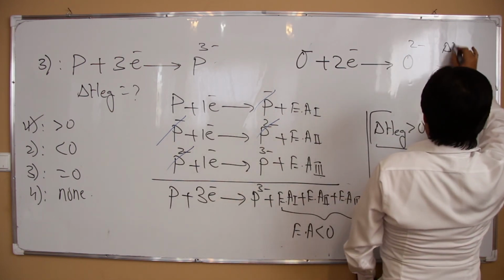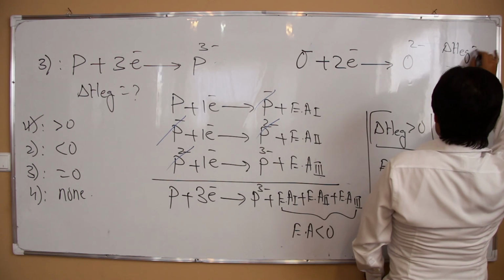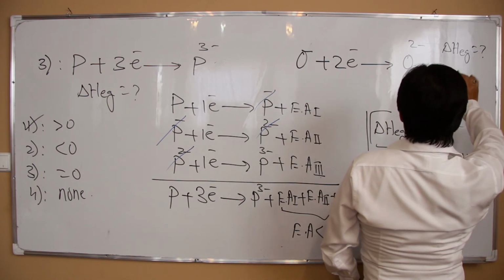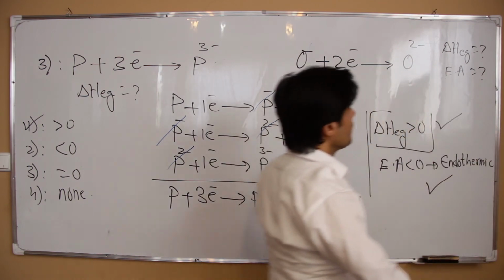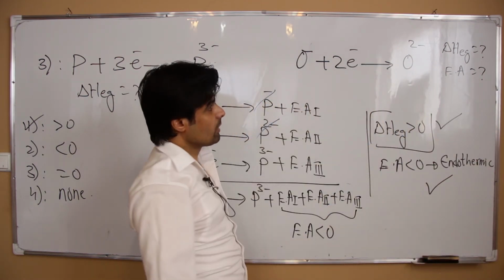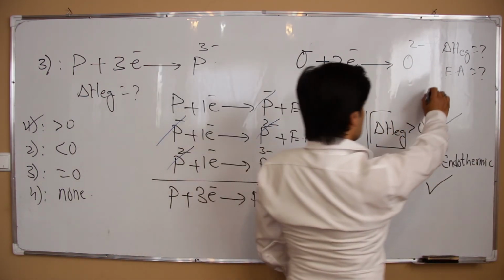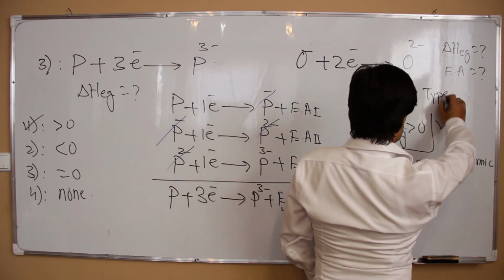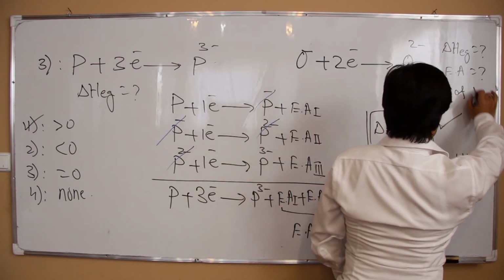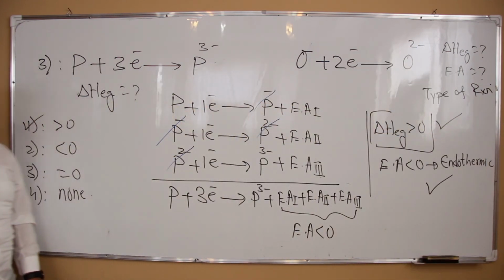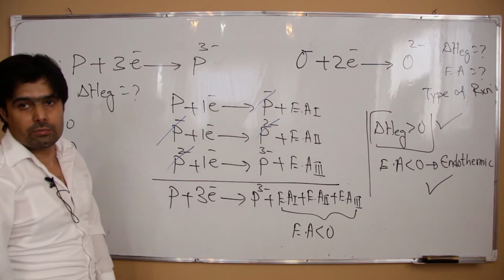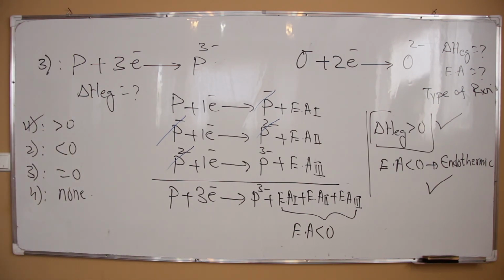Find delta H electron gain enthalpy, electron affinity, and the type of the reaction. Is this one exothermic or endothermic? Type of reaction. If this one is negative or positive, endothermic or exothermic. Have you finished?